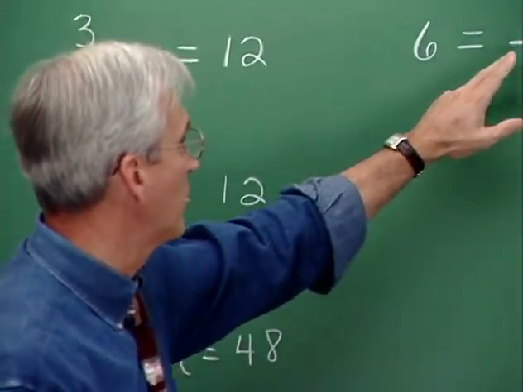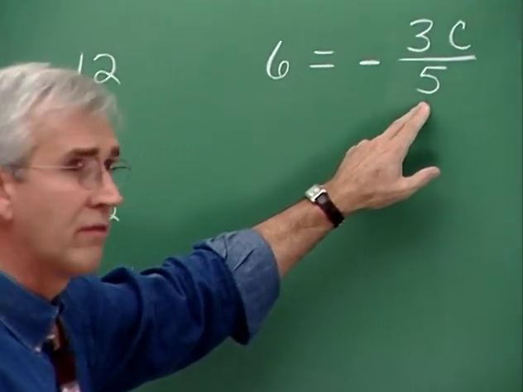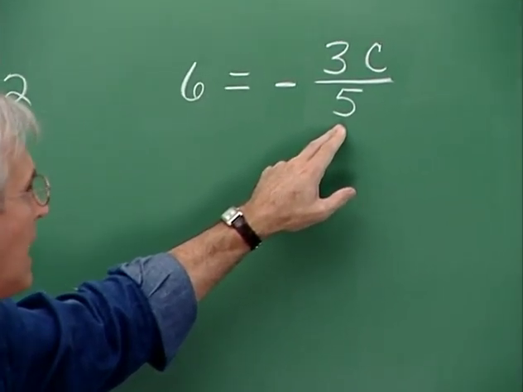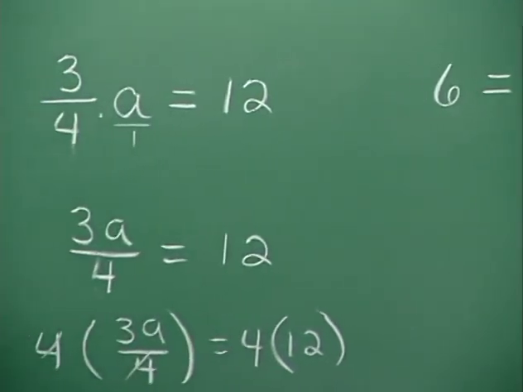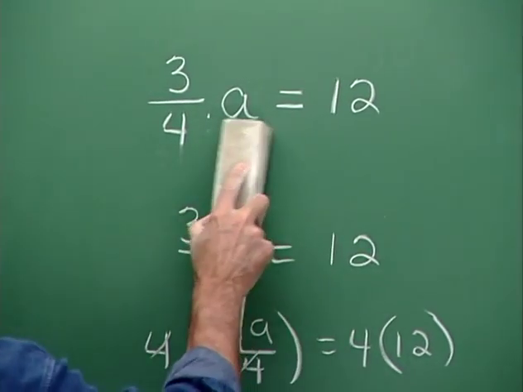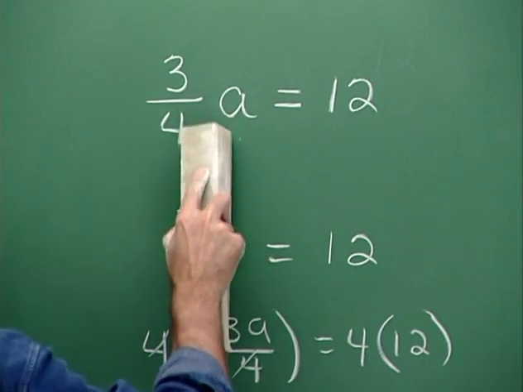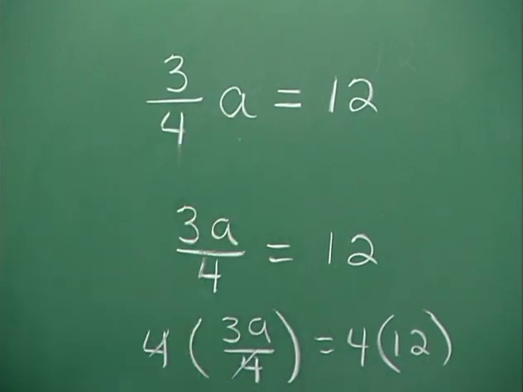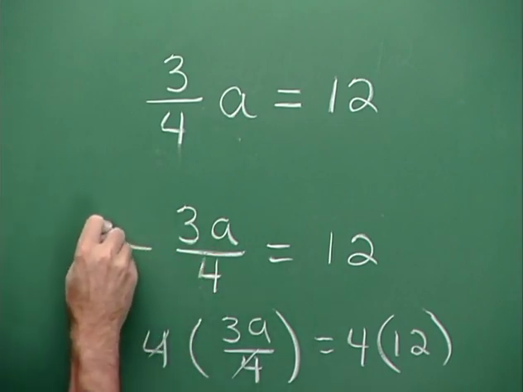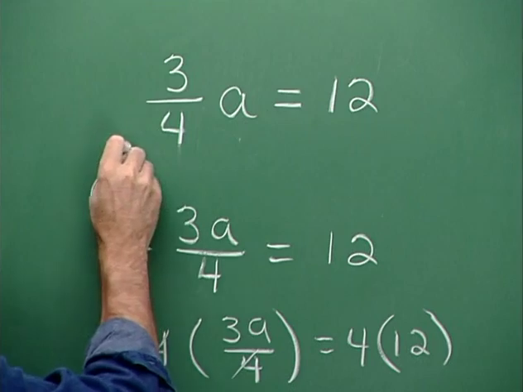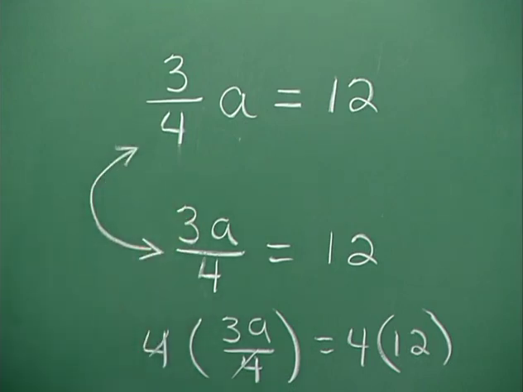All right, consider this one. We have 6 equals negative 3C over 5. Now, let's back up to this problem. I do want to emphasize something a little bit more here. We changed this 3/4 A into 3A over 4. And it's also possible to go from 3A over 4 to 3/4 A. These are interchangeable forms.